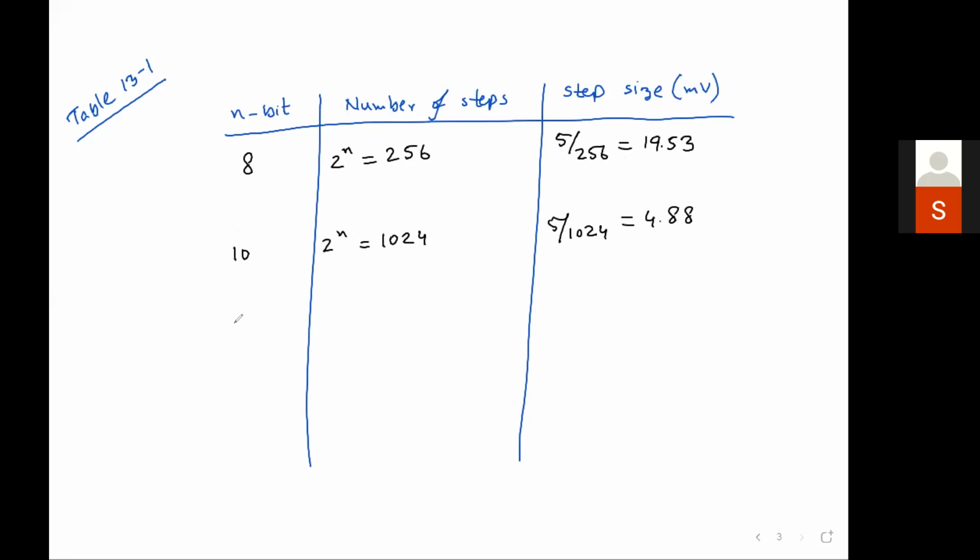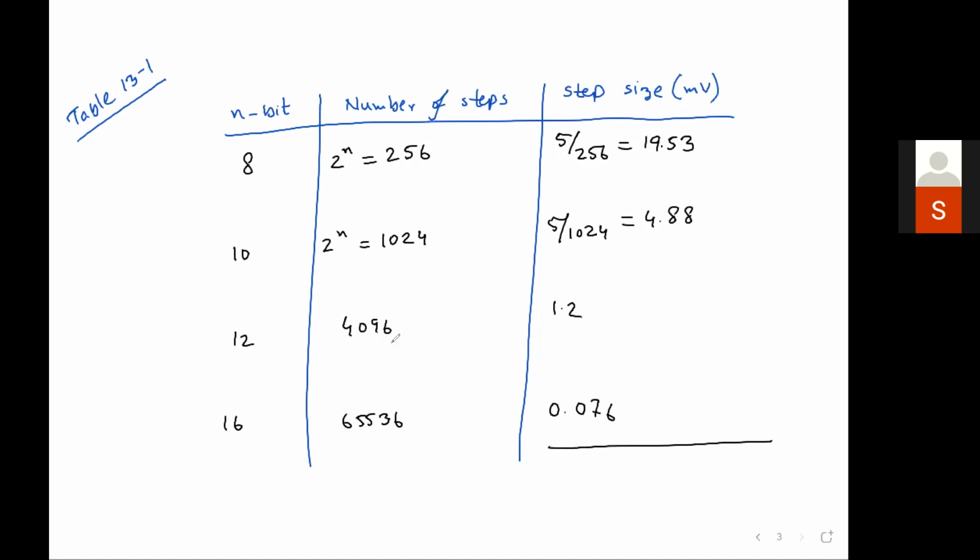Similarly, if we keep on increasing to 12 or 16, which is there in your book, we can see that finally you will get over here 4096 and 65536. And the value of its step size will be 1.2, and this one will be very small, that is 0.076. Okay.